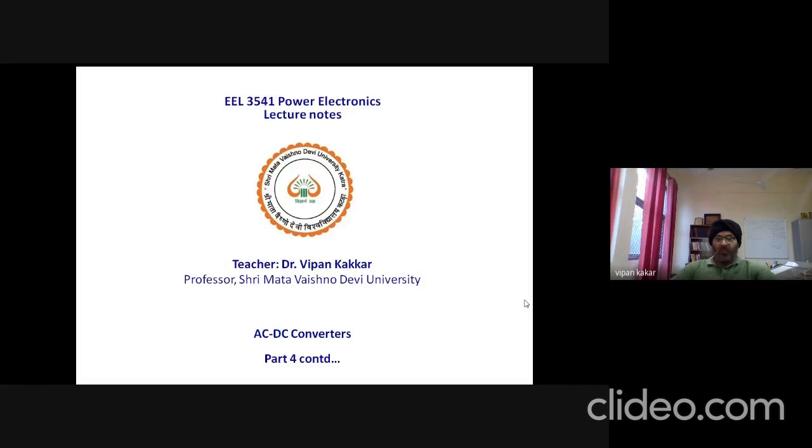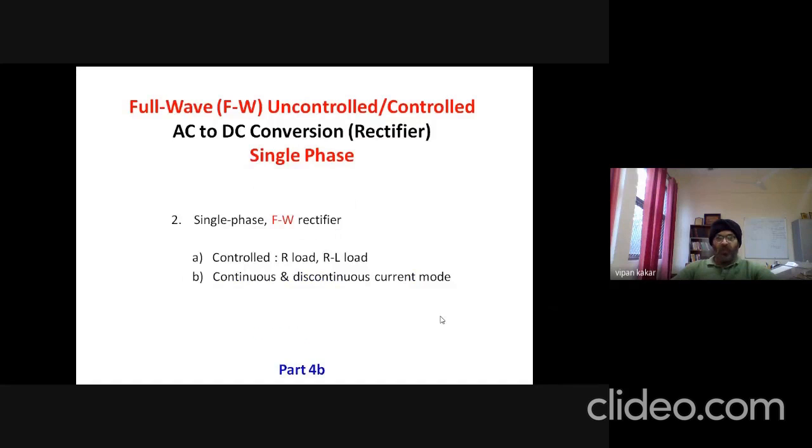Okay, so now let's go forward with the next part of this chapter, AC to DC converters, which is full wave, uncontrolled and controlled AC to DC conversion, single phase supply.